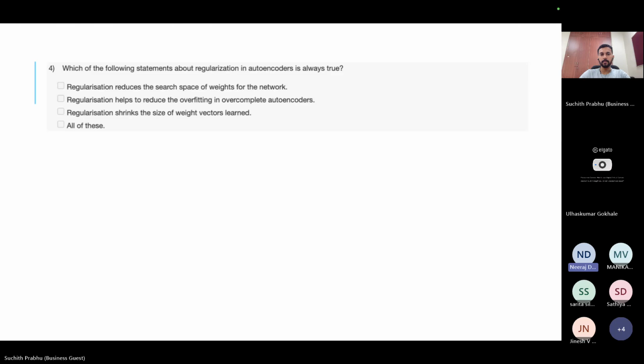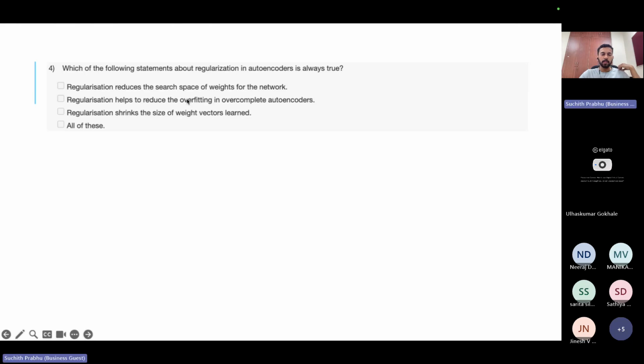By size, do we mean the dimension of the vector? That is not clear. Or by size, do we mean the L2 norm of the vector? So that is not clear. What happens in L2 norm is you want the weights to be close to zero.